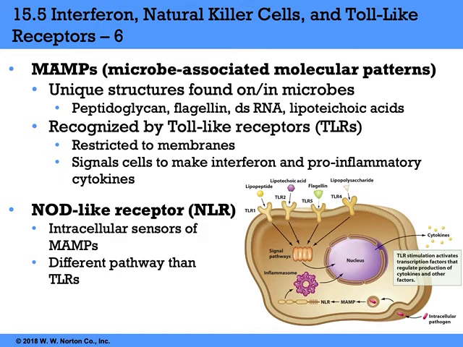It was named because of the similarity to a family of plant proteins involved in pathogen resistance, which are sensors of MAMPs. When bound to an MAMP, the nod-like receptors trigger a signaling pathway different from that of toll-like receptors. The result, though, is the same: activation of cytokine genes in the nucleus.